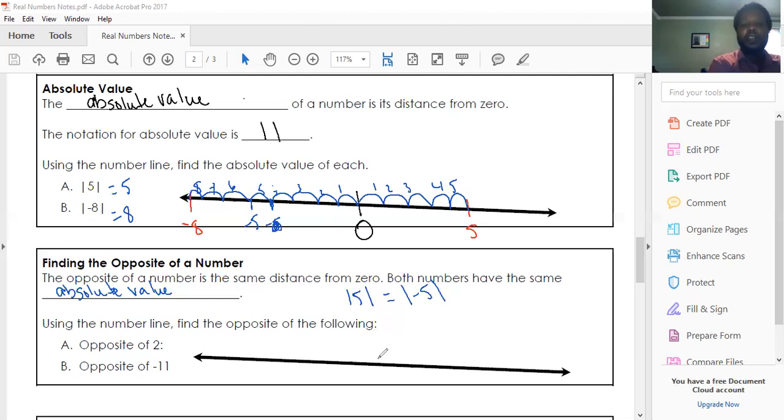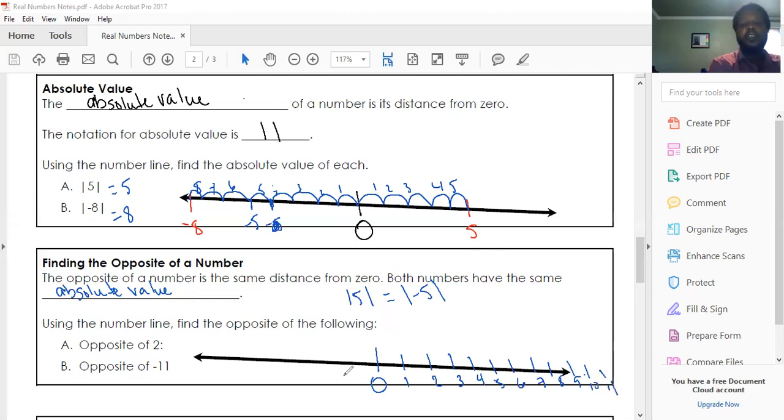Okay, so we're going to mark that out on this number line down here. So we have 0. I'm going to do 1, 2, 3, 4, 5, 6, 7, 8, 9, 10, 11.